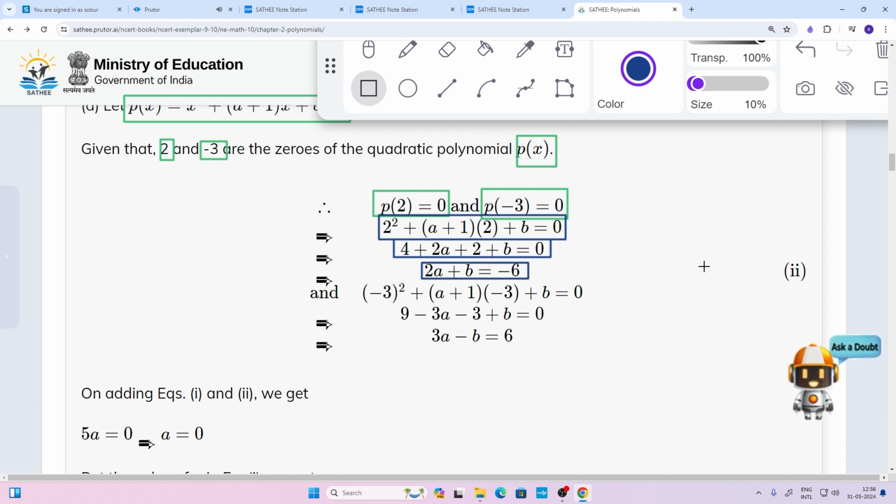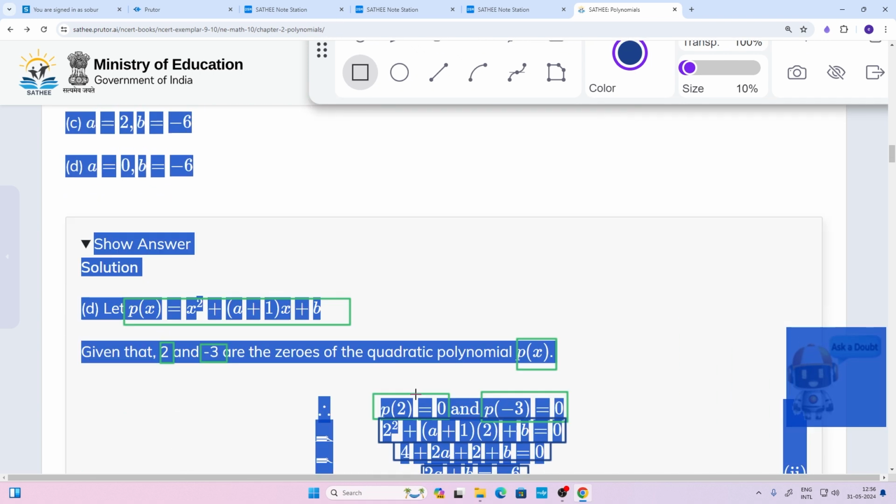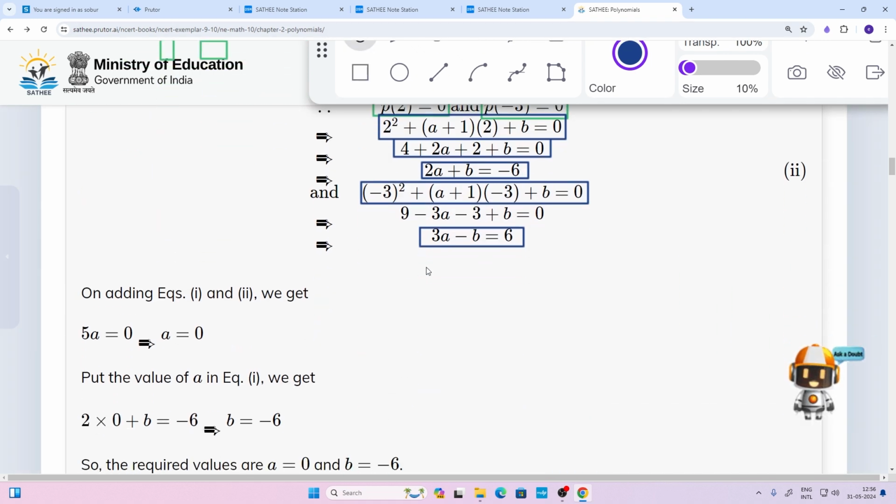And if we substitute the value of x equal to minus 3 in the polynomial p of x, then we get minus 3 square plus a plus 1 times minus 3 plus b is equal to 0. If we simplify this, we get 9 minus 3a minus 3 plus b is equal to 0, and it implies 3a minus b is equal to 6.